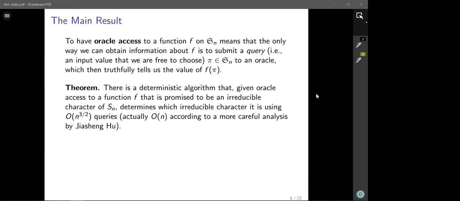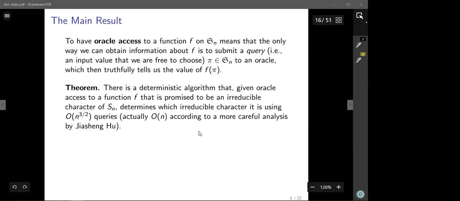I'm promising you this is some irreducible character, but I'm not going to tell you which one it is. And now you're going to play a game with them. You're going to say, okay, what is the value of your function on this permutation or this conjugacy class? What's the value of this? And then you have this conversation with this person, and you might ask, how many questions do you have to ask in order to figure out which one it is?